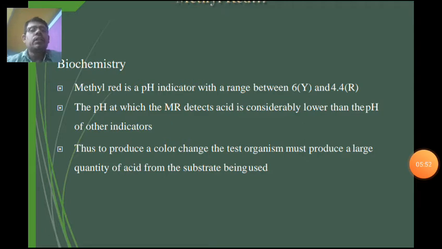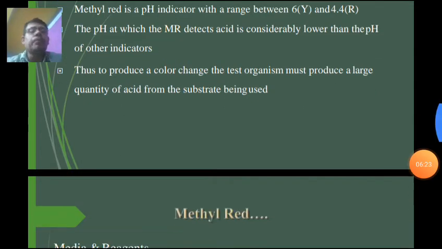It is red at pH 4.4 and yellow around pH 6. The pH at which methyl red detects acid is lower than the pH of this indicator. Thus, to produce a color change, the test organism must produce a large quantity of acid. Those organisms which produce acid by fermentation of glucose will give a positive methyl red test.